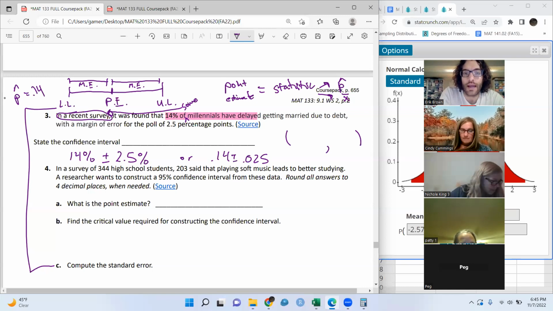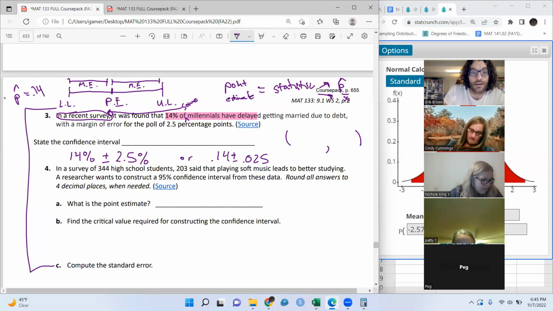So for one of them, you made the 14 into a decimal and then added to it a percent. I need to switch that to a percent. Either have them both as percents or have them both as decimals. Doesn't particularly matter which. I think StatCrunch prefers decimals, but I could be wrong. So the margin of error gets added to the point estimate to get the upper limit and subtracted from it to get the lower limit.